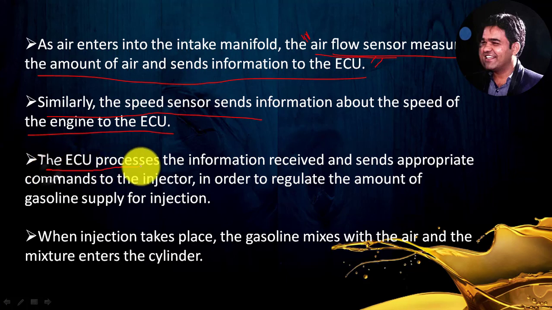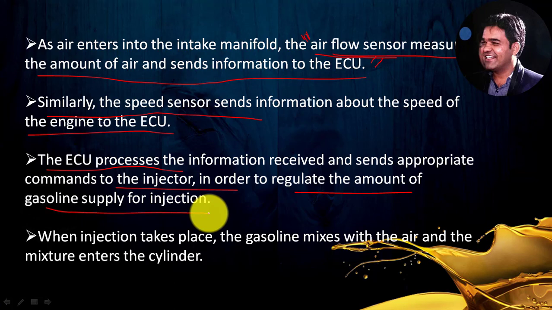The ECU processes the information received and sends appropriate commands to the injectors in order to regulate the amount of gasoline supply by the injectors. When injection takes place, the gasoline mixes with the air and the mixture enters the cylinder. So this is what happens with the L-MPFI system.